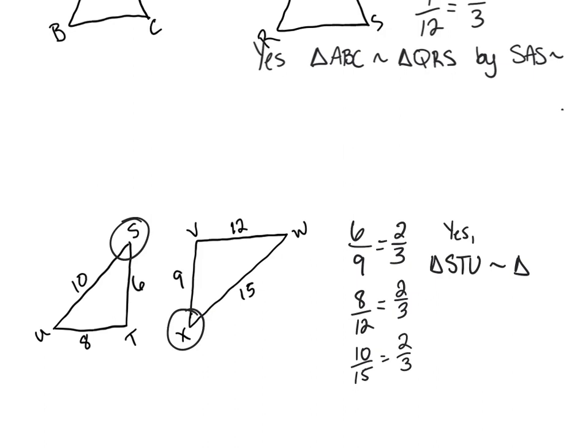Another way to look at it is that S is included between the longest side and the shortest side, and X is included between the longest side and the shortest side. So now I have X, and I have to figure out which way around to go. I went S to T, down the short side, so I'm going to go X to V to W, by side-side-side similarity.